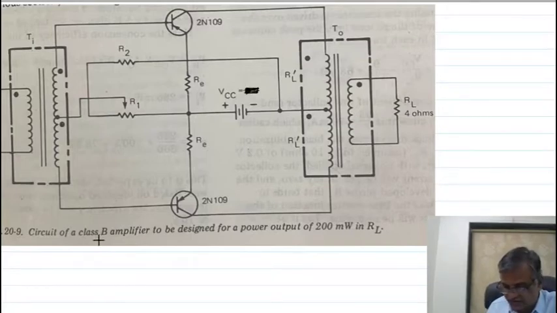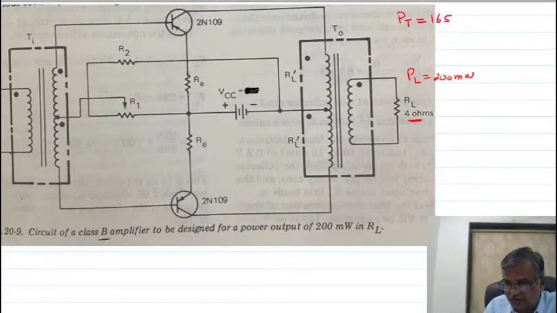Design a circuit for a class B amplifier to deliver 200 milliwatt output power at 4 ohm load. The value of PT for this transistor is 165 milliwatt.